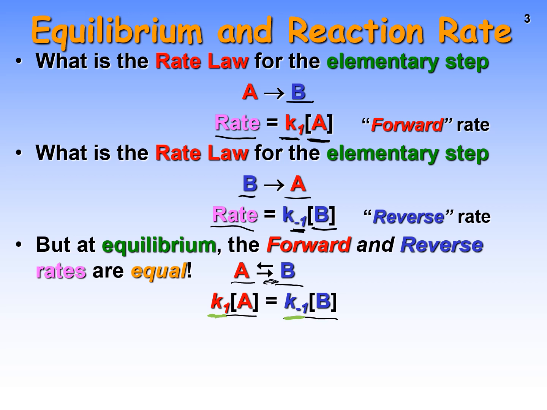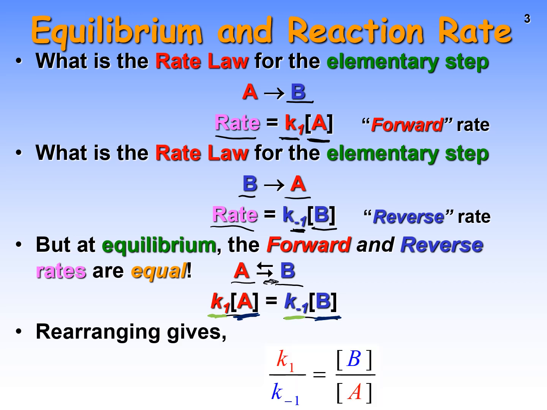And here we have our concentration of B and our concentration of A, and we want them all on one side respective to each other. So if we rearrange it, we get this situation here. On one side, you can see we have the rate constants, and on this side, we have the concentrations.